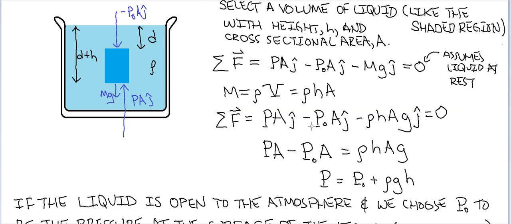We can manipulate this by bringing this weight term across the equal sign, and then we get that P A minus P naught A is equal to rho h A g.